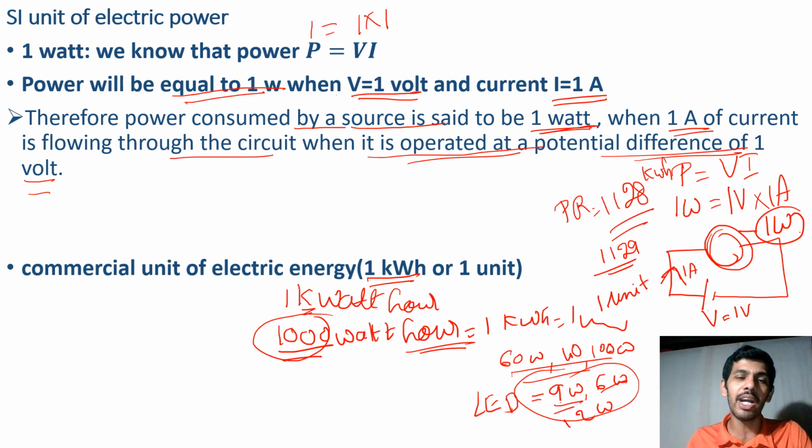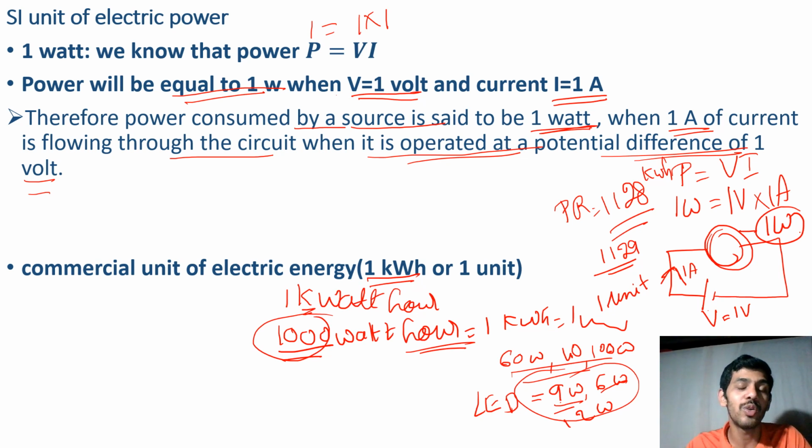Now how to define the commercial unit of electrical power? Remember, 1 kWh or 1 unit, these are the commercial units of electrical energy. Remember, these are not powers. Watt is a unit of power, and when I multiply it by time, that is watt hour, it gives you the unit of energy.